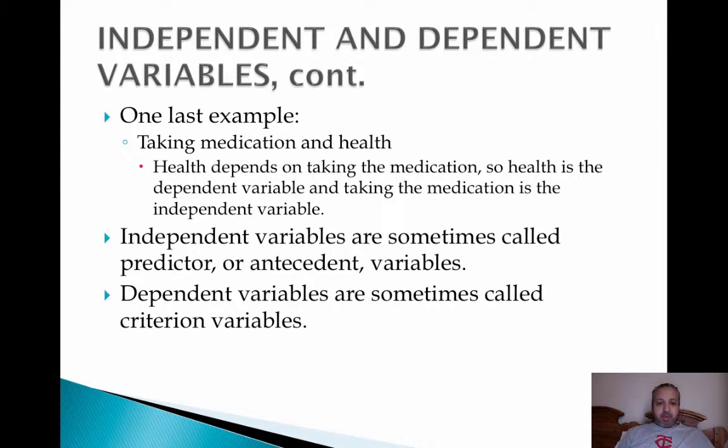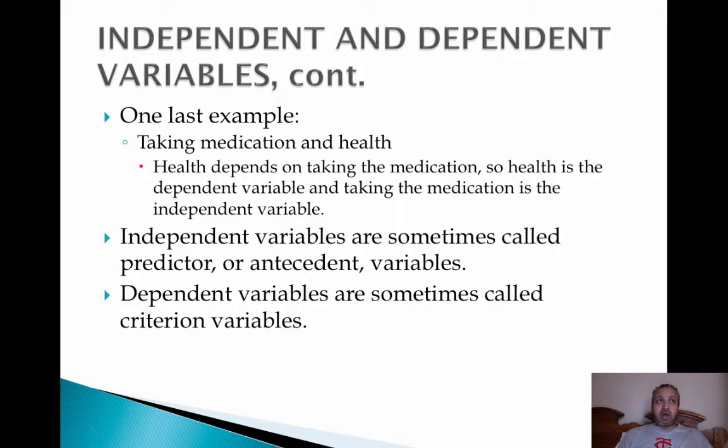Okay, so that's another example. One more example here: taking medication and health. Health depends on taking the medication. So health is the dependent variable. Taking the medication is the independent variable. I mean that's really general, but in medicine they would be interested specifically in a particular illness and a particular medication.